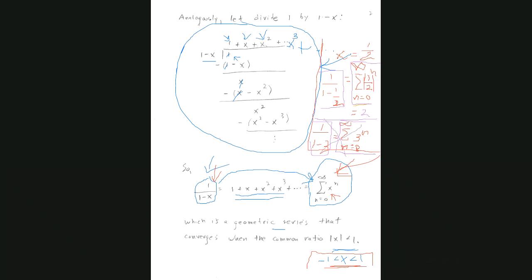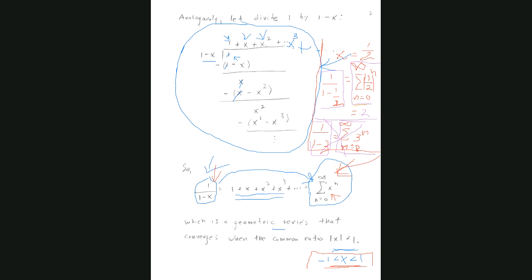Those are not equal. And it makes sense because the power series' interval of convergence is between -1 and 1. But 3 falls outside that interval of convergence. You see what I'm saying? So you can't say the series when x equals 3 equals the function when x equals 3.